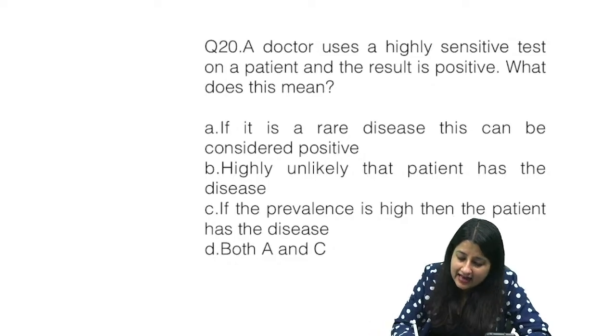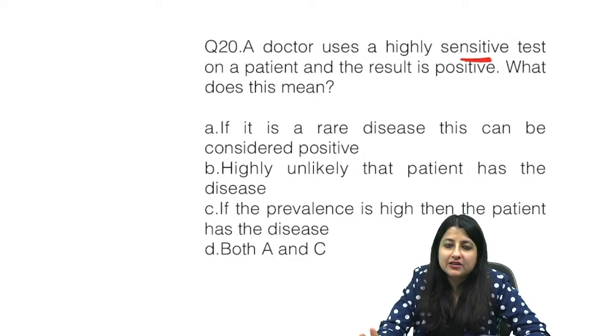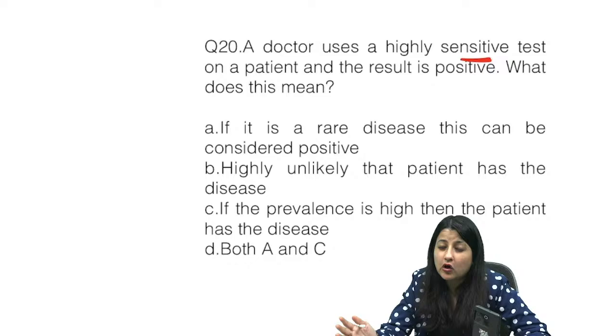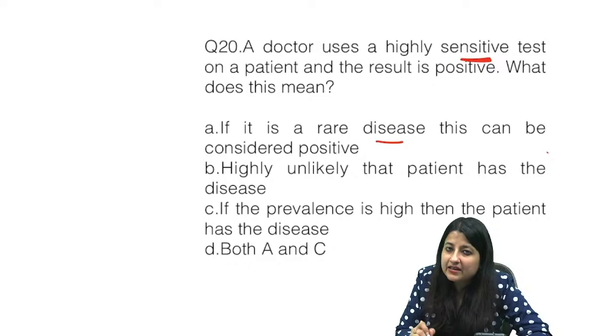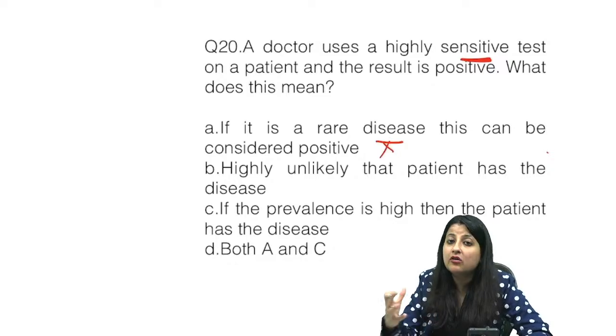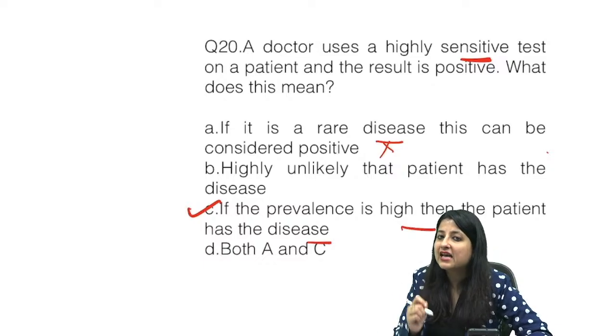Look guys, highly sensitive means it will be able to filter out more people. Now suppose it's for RBS, let's say, if you do it on elderlies, you'll be able to filter out more. So if it is a rare disease, it can be considered positive? No. If it is a common disease, if the prevalence is high, then the patient has the disease because the test is highly sensitive.